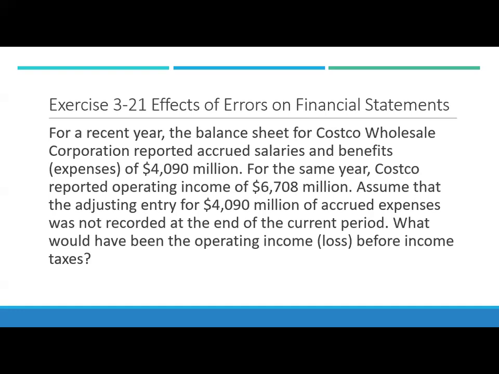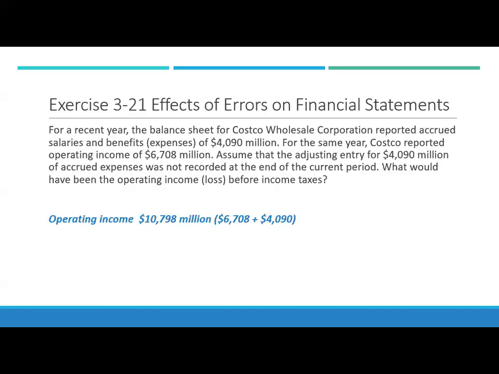If we assume that journal entry for the $4 billion accrued expense was just omitted, their operating income would have almost doubled to $10.7 billion. So the numbers can get quite huge very quickly in these adjusting entries, and they can be incredibly material to the business.